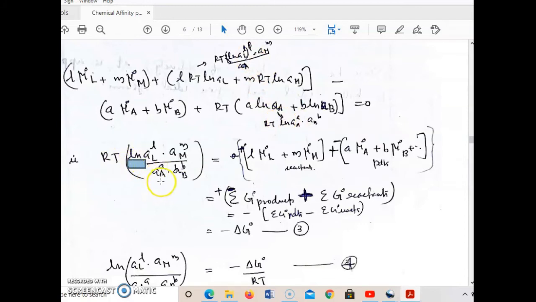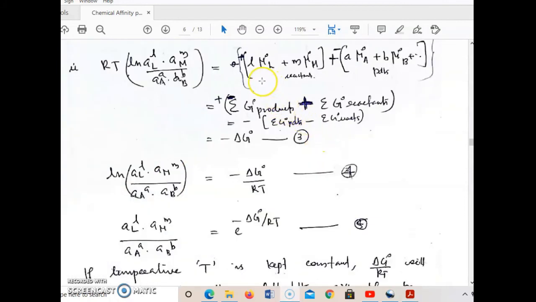RT into ln AL raised to L into AM raised to M divided by AA raised to A into AB raised to B, because here it was a minus ln term, which is equal to, we have these two terms, right?